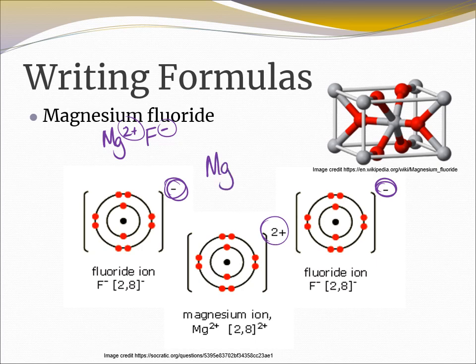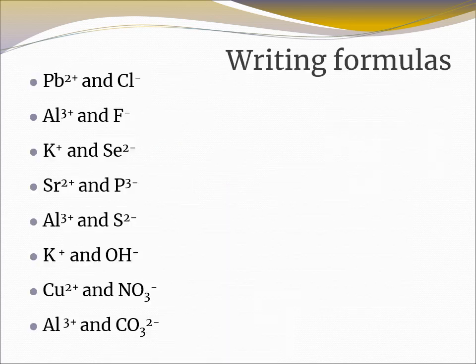I would write my formula as MgF2, so that I have 1 positive 2 and 2 negative 1's. +2 -1 -1 will balance out to 0. For every 1 magnesium ion, I need 2 fluoride ions in the structure.